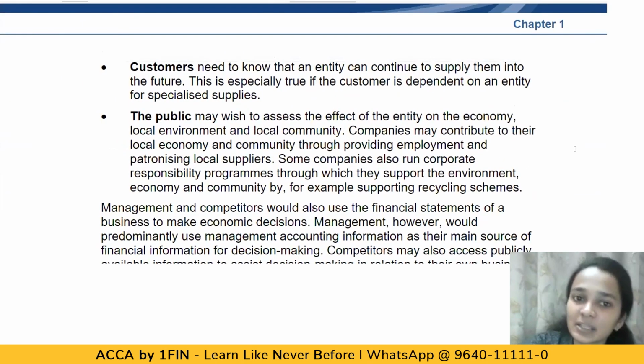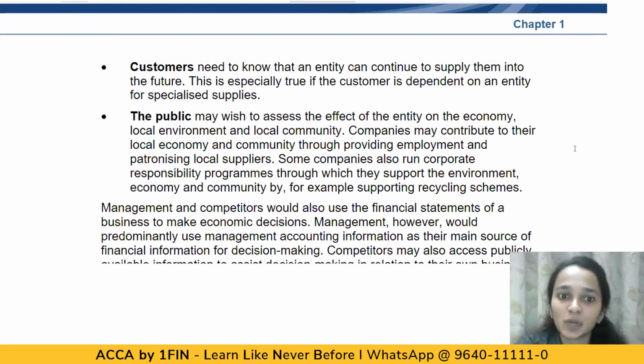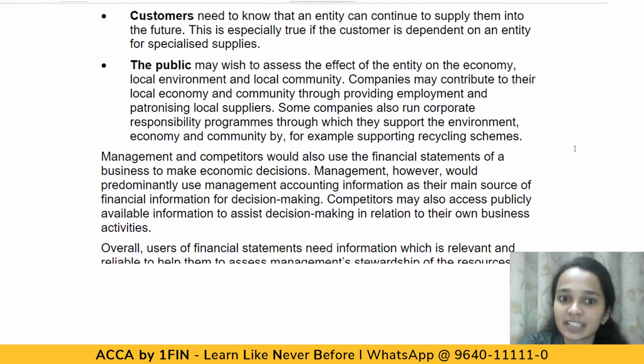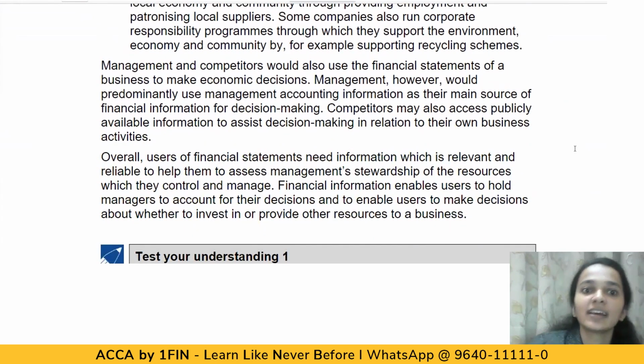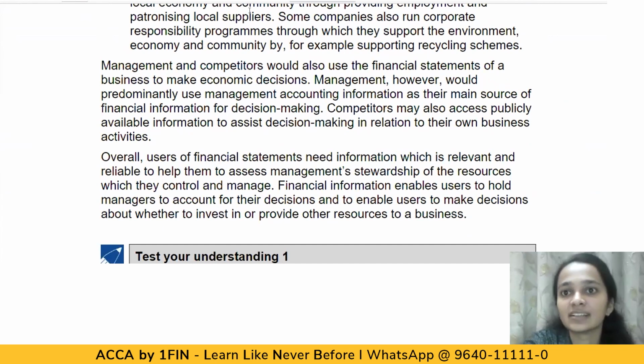And similarly, customers and public will want to know how the entity is working, and for that they utilize the financial statements of any organization. And management and competitors would also use the financial statements of a business to make economic decisions.